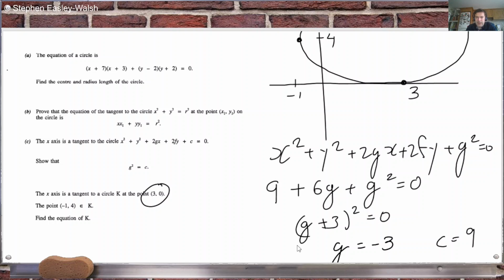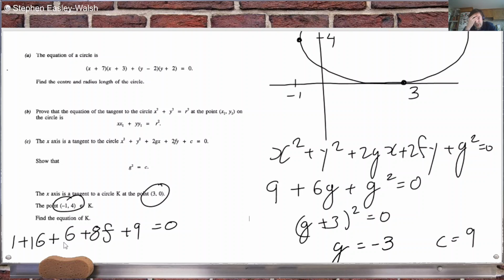But I need to get the f still. So if I sub in the other point now, that would be 1 plus 16, and then g is minus 3, so that's minus 6 times minus 1 is plus 6, plus 2fy, so plus 8f, plus g squared, plus 9. Hope I'm doing this right in my head, equals 0. So 16 and 6 is 24.